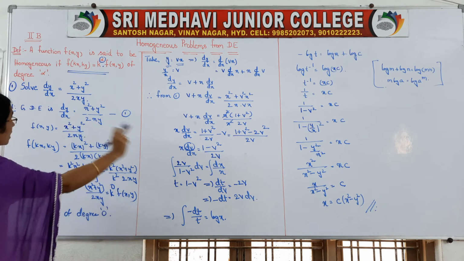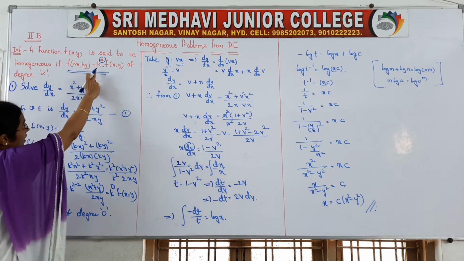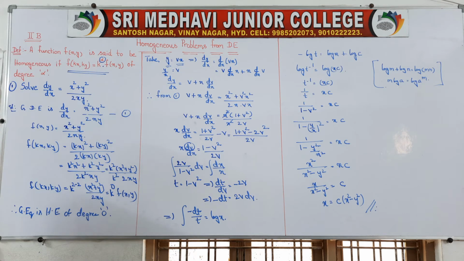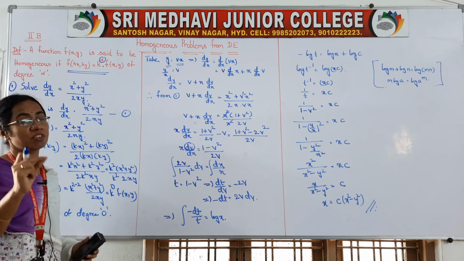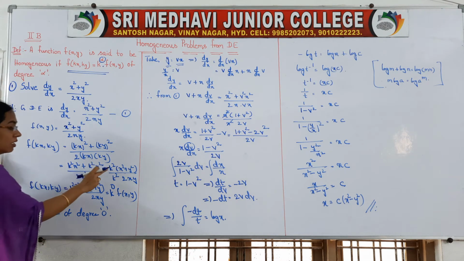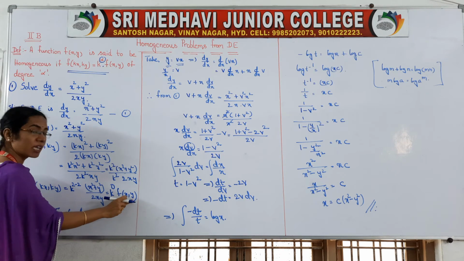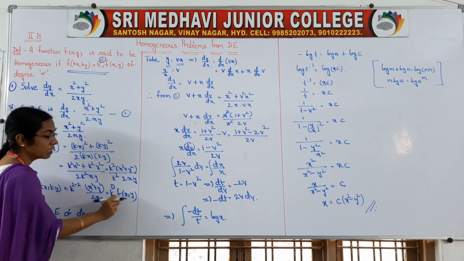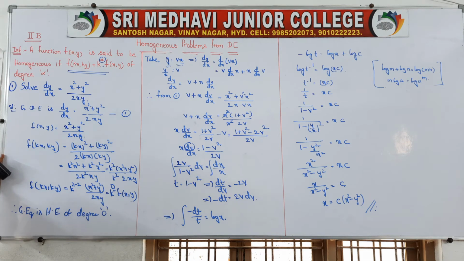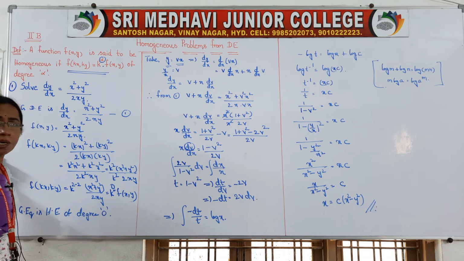So what I said: if f of kx, ky is equal to k to the power of alpha into f of x comma y, then it is called a homogeneous equation of degree alpha. Here you will get k to the power of 0 f of x comma y. So it is a homogeneous equation of degree 0. In place of alpha we can have any number, and that is its degree.